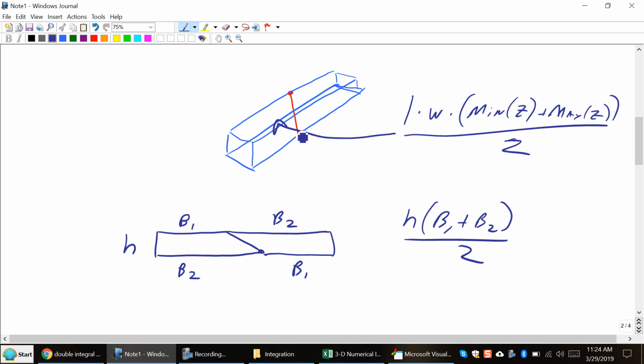And that's what the volume of this is. Is that clear? It really is simple. It's just like having a 3-dimensional trapezoid in a way.